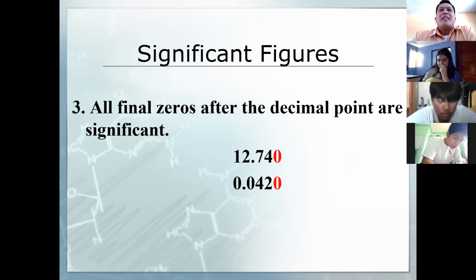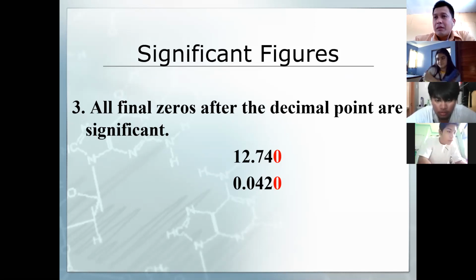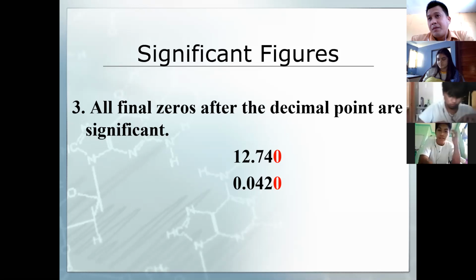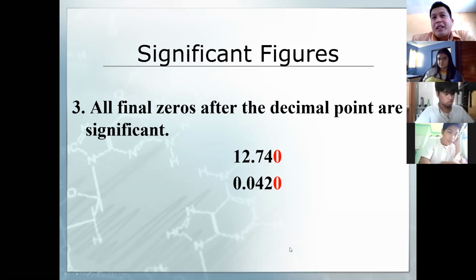Okay. Rule number 3 in your module, can you read that for me, Edson? Rule number 3. Zeros that precede the first non-zero digit and tell the location of the decimal point are not significant.